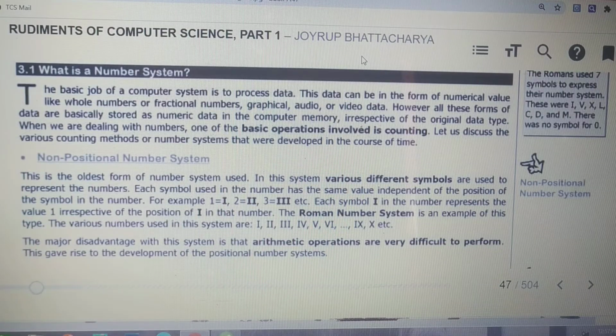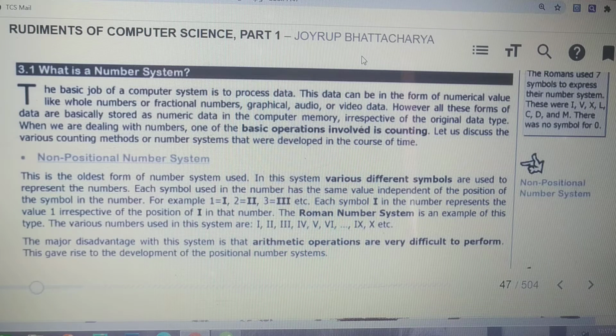what are number systems. So the basic job of the computer system is to process data. The data can be in the form of numerical values like whole numbers or fractions, or graphical, audio or video data. However, all forms of data are stored as numeric data in the computer memory.